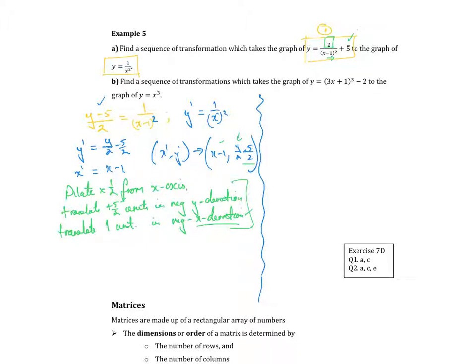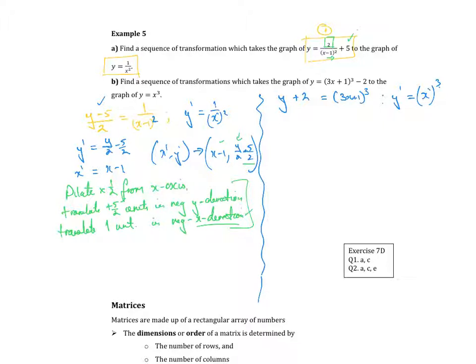So this one, very similar. So we've got our starting y equals, so let's take the 2 across, y plus 2 equals (3x plus 1) cubed. Compare that to my new graph of y dashed equaling x dashed cubed.